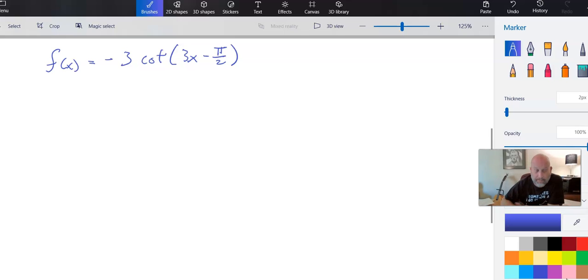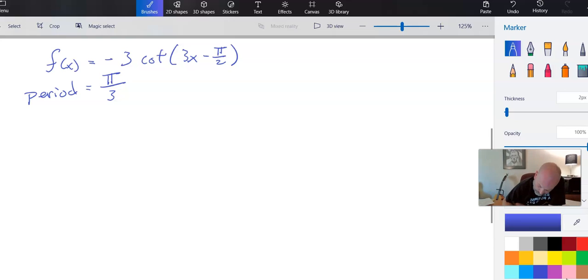Okay, so just as before, the unshifted period is pi. So if I want to figure out what the period is, the period is going to be whatever the unshifted period is divided by b, and in this case, 3 is b, so the period is now pi over 3.